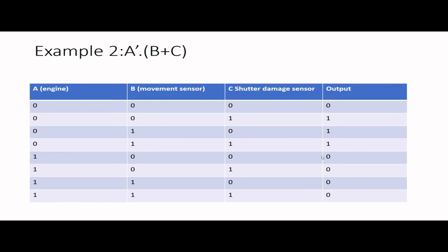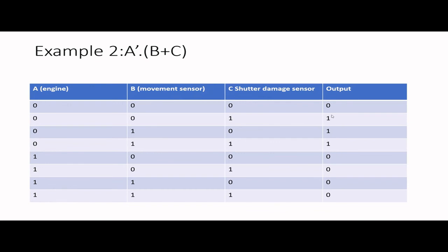Engine is on, right? If the engine is off, then we consider either one of these, movement sensor or shutter damage sensor, should detect some input, should detect one. If both are 0, no alarm, but if at least one of these sensors is detecting any input, like there's a movement or there's a shutter damage, then your alarm should trigger 1.